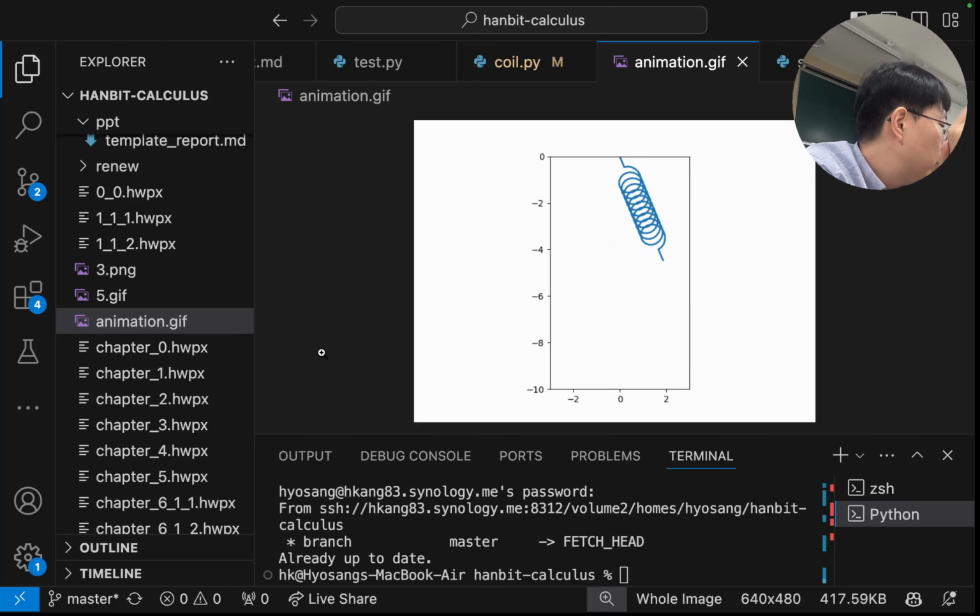So what do we need in order to get this kind of moving picture? We need to know how to draw the coil at a given point, because I have the fixed point at the top, but all I need to know is how to draw the coil if I know the other endpoint.